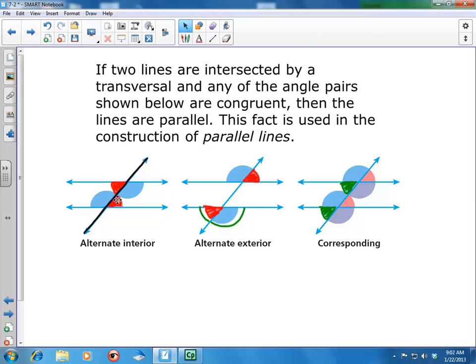It's the same angle on a different line. And again, those equal each other. If we know the angle measure of one of those green ones, then we know the measure of the next green one. We could also say the same thing for the red, the purple, or the blue. We're able to figure out any of those.